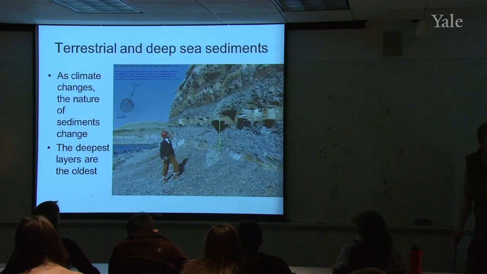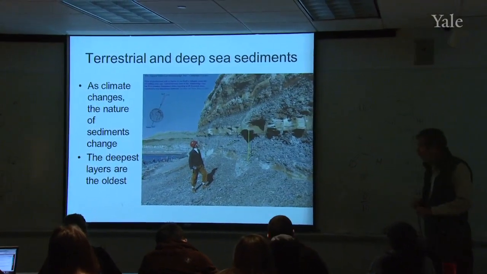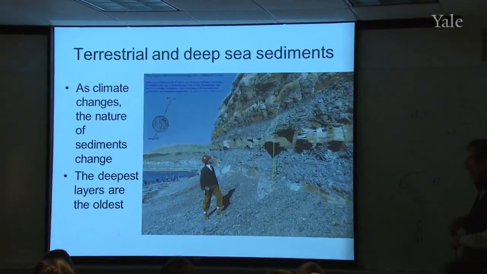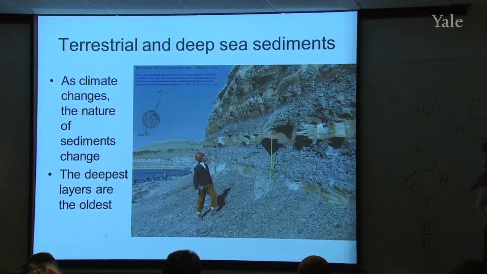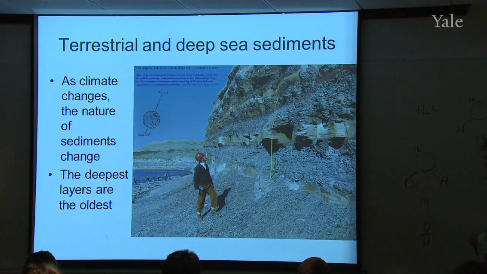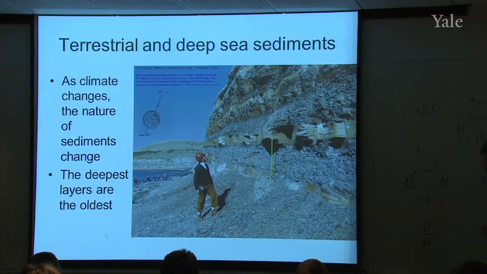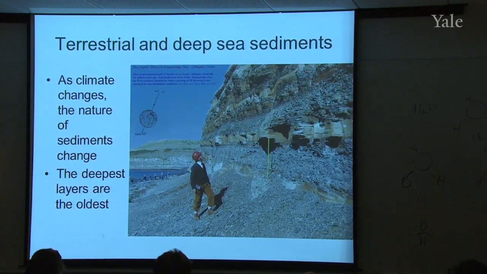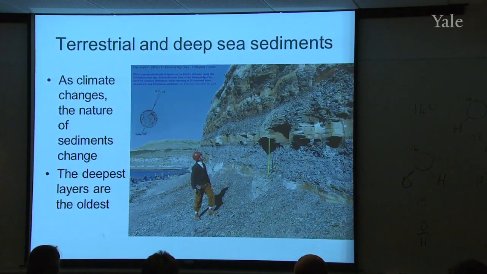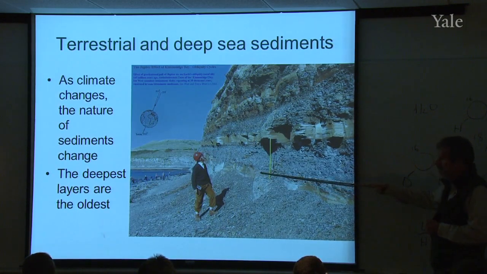Now, I want to talk about other kinds of sediments. On land, you can walk around and see rocks like this. I'm sure you have. Rocks that seem to have a layered structure. Most of the time, when you see such rock patterns, you're looking at some kind of evidence of ancient climate change. One kind of climate allowed sediments in a lake to look like this.